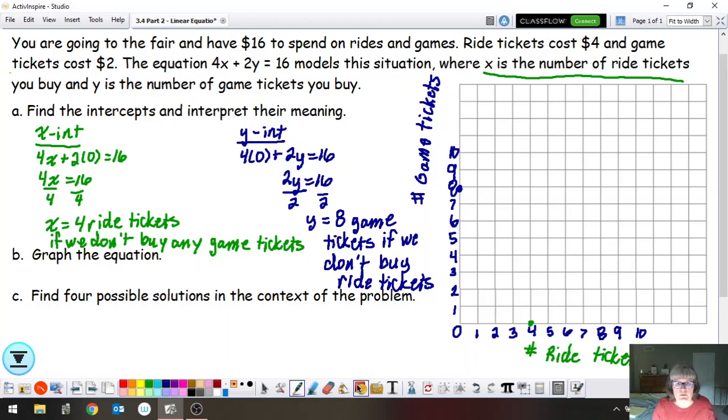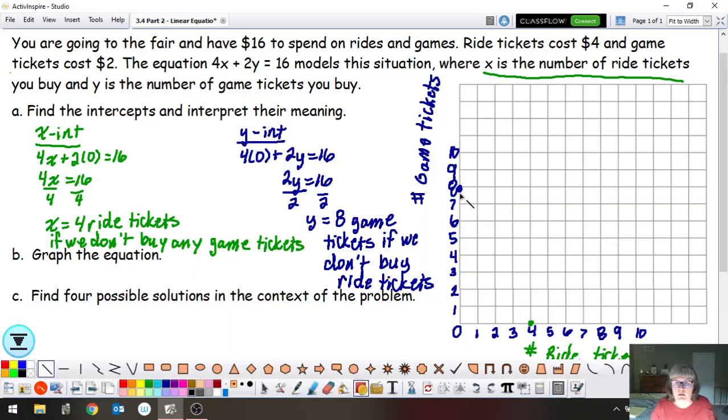And I'm just going to use a segment, no arrows on it, because again, we can't have any negative numbers of tickets. So that's our graph. And actually, does it make sense to have it be continuous? If we think about it, can we have a partial ticket? Most likely not, but I'm going to go ahead and leave that line on there.